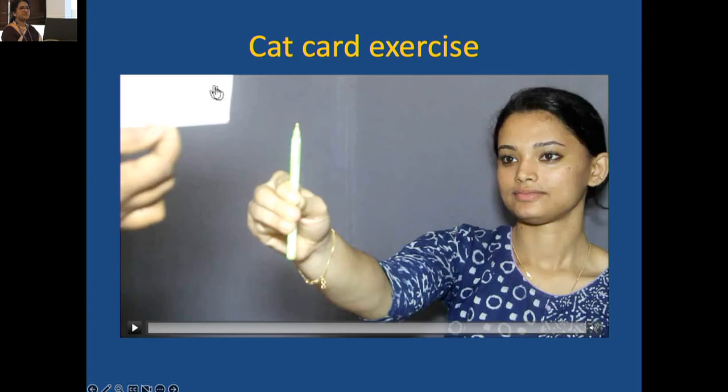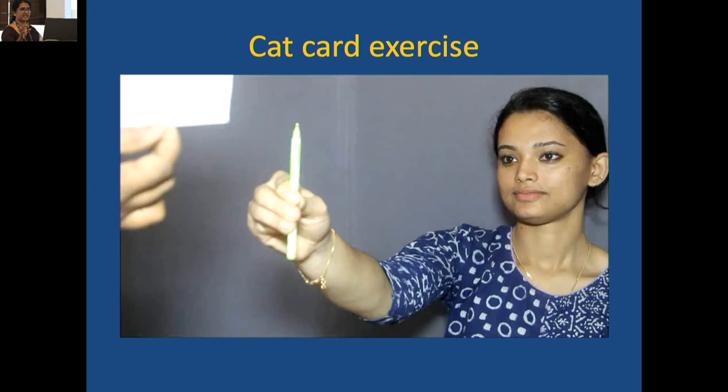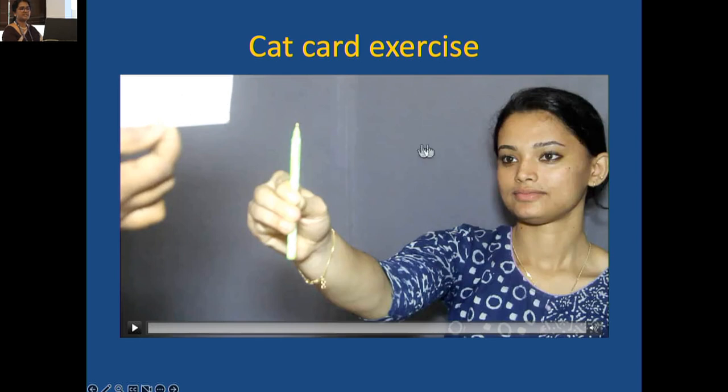So this is the CAT card stereogram in which you have two incomplete cats, one with the tail and whiskers and the other without. This is held at a distance and the patient is looking at the tip of a pen which is kept midway between the card and the patient.